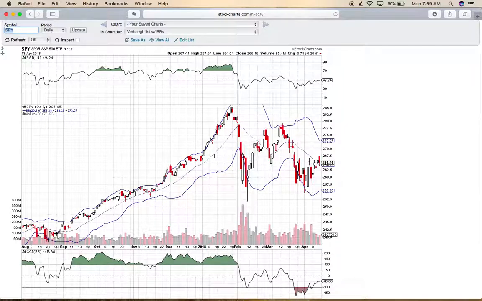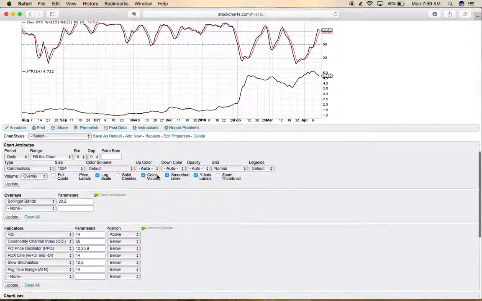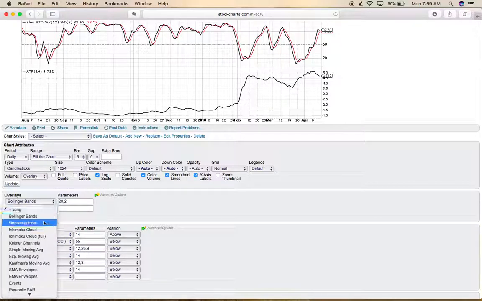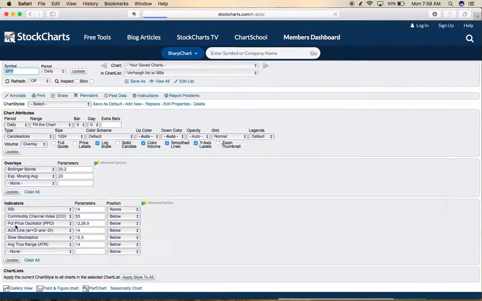The exponential moving average is the same thing, but it gives more weight to the most recent days. And so some people prefer using the simple moving average, some use the exponential moving average. It really doesn't matter. It's not a great deal of difference, but just to illustrate, let me show you the difference in the 20-day exponential moving average on this chart.